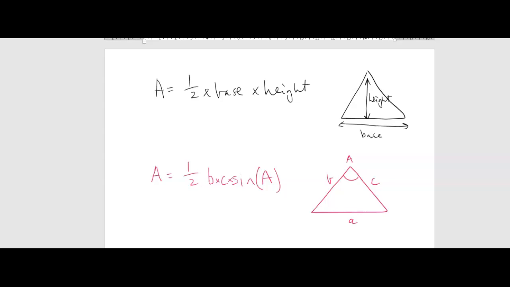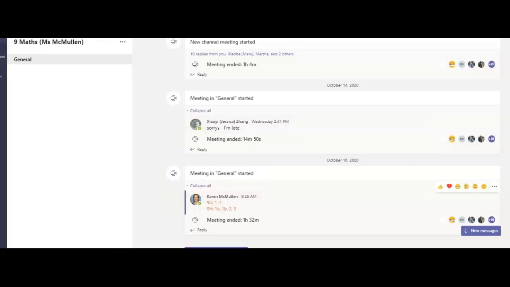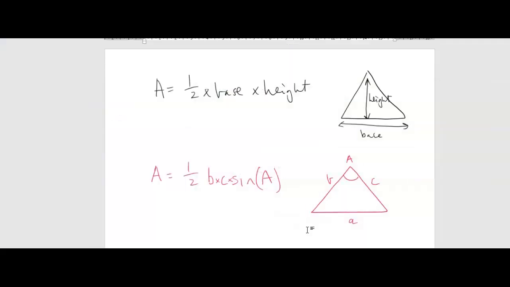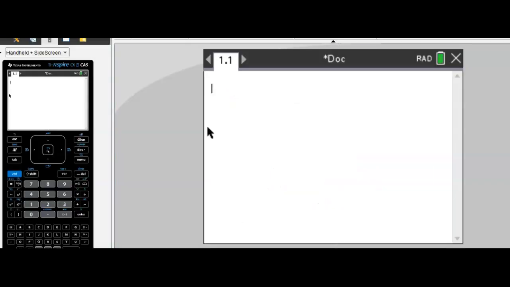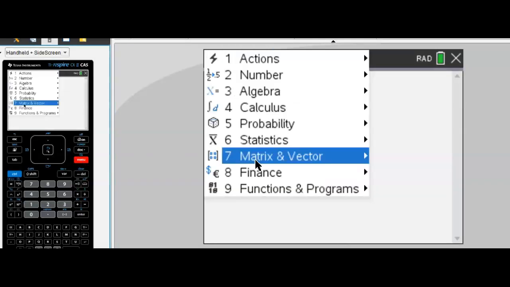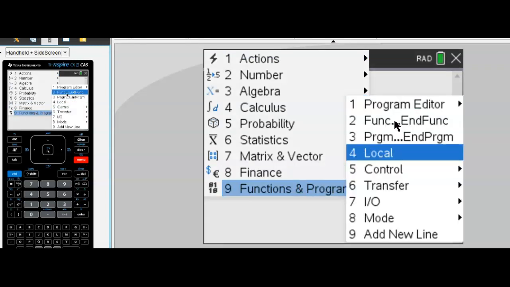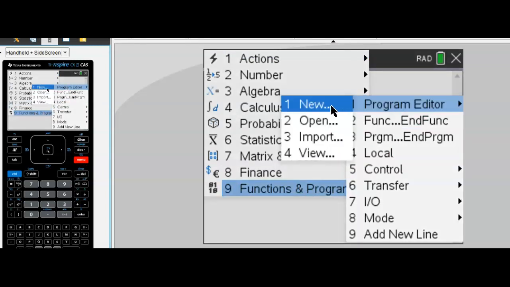Okay, so let's put that formula in. Just as we did before, functions and programs, program editor, new.